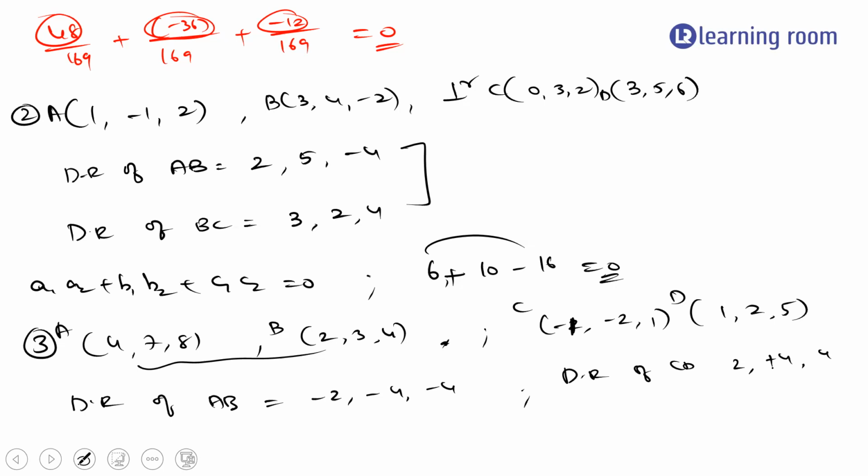Look at the direction ratios: here you have -2, here you have +2; -4, +4. Are they in the same proportion? Of what value? -1, because one is positive and the other is negative. So the direction ratio of AB is equal to -1 times the direction ratio of CD. So they are in the same proportion. Hence, these two lines are parallel.